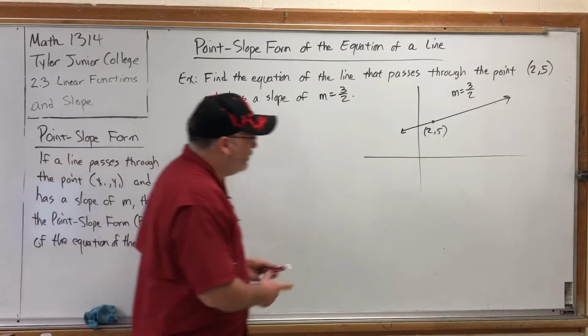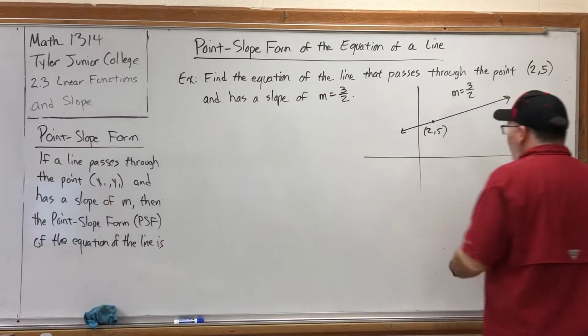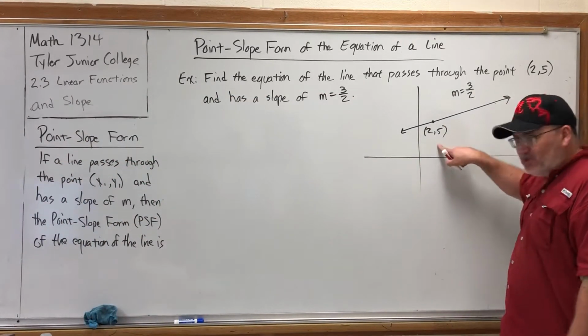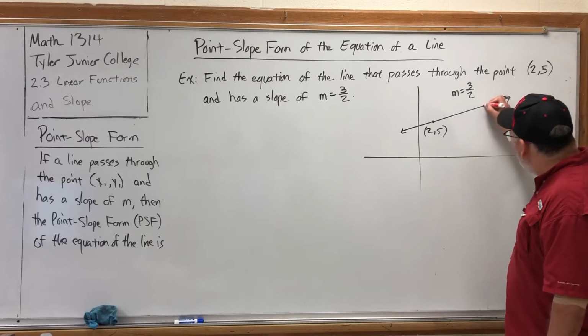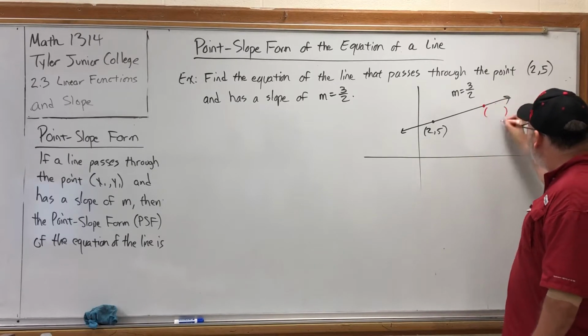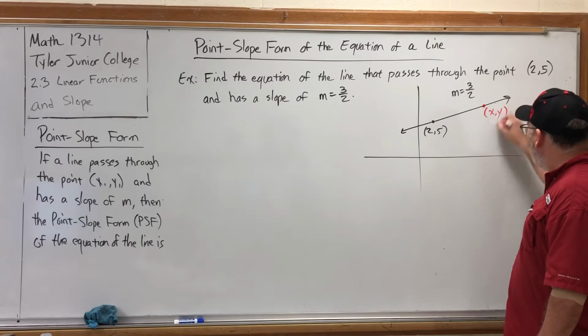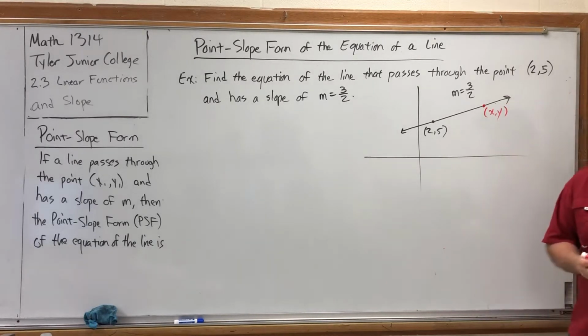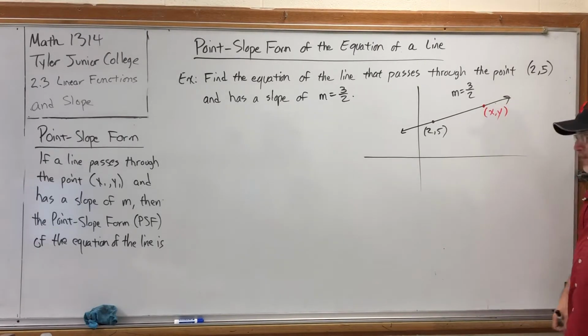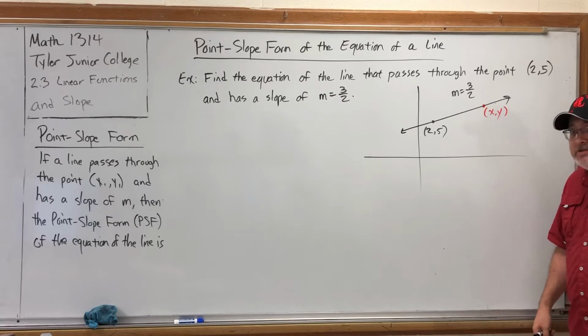For example, let's say that we grab some random point on this line besides (2, 5). We'll just grab one over here, and we'll generically label it (x, y). That's a good name for a generic point. What must be true about that point?